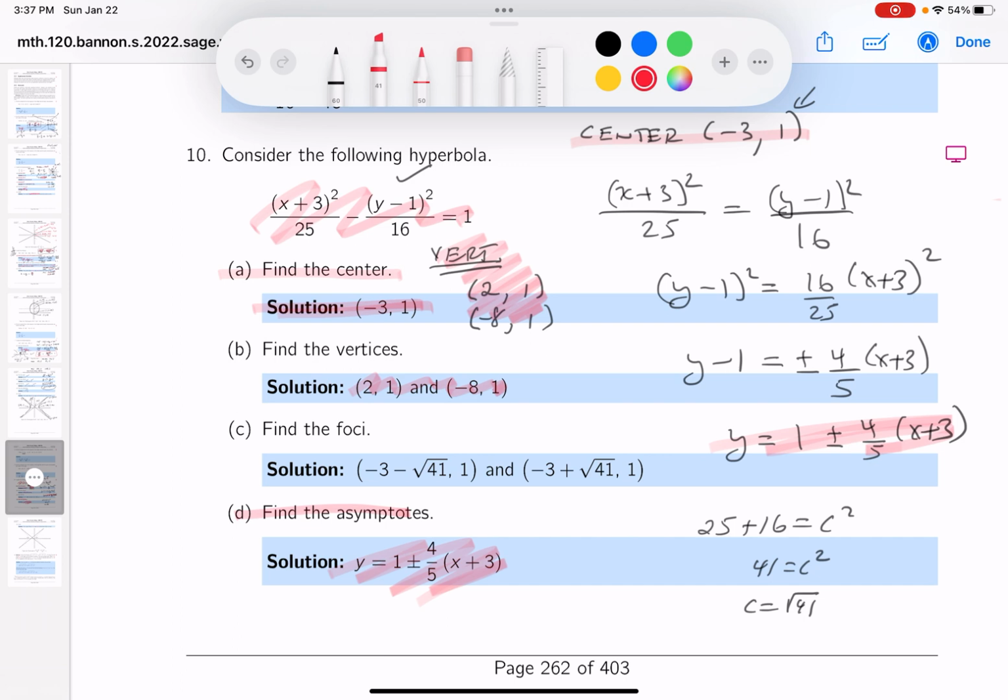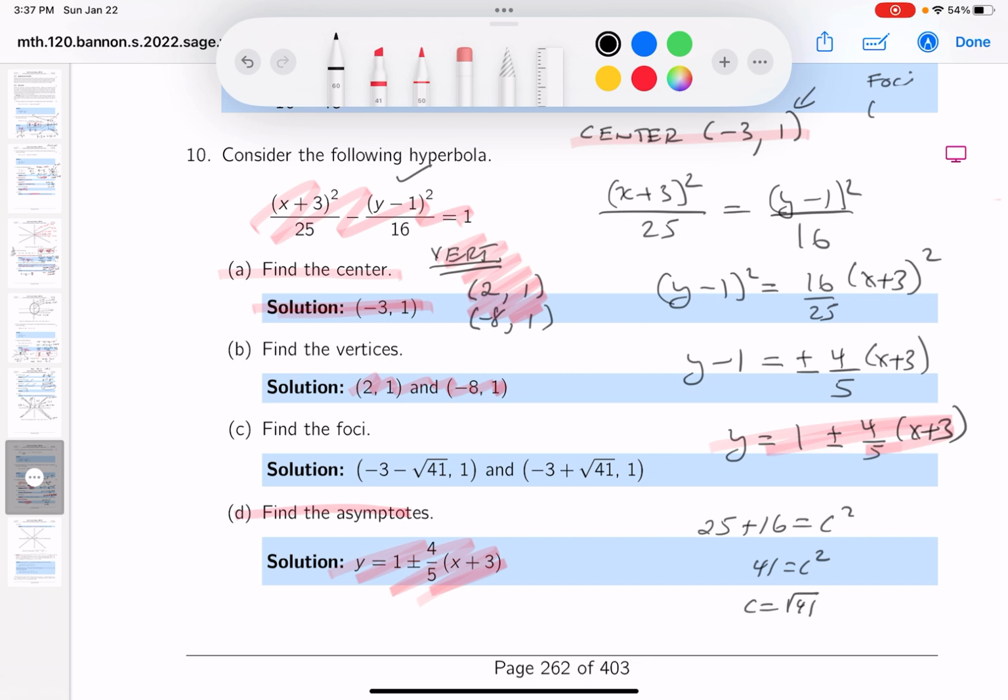Now, what do I know about this thing? I know that my foci are going to be along that line where y is equal to 1. So I'll go in from the center where y is 1. These are going to be foci. I know the y is going to be 1. And I go up and down on the x. So -3, or maybe I should erase that and make it a little bigger, because it's too small.